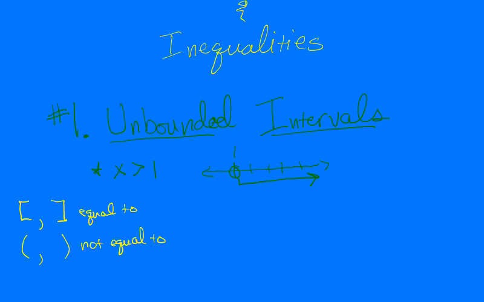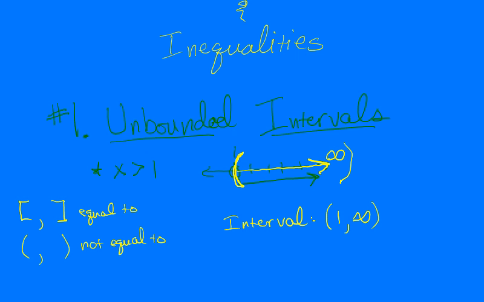So in our example, we said x is greater than 1, but it's not equal to 1, so I would use a parenthesis around 1, and since the graph goes on forever, it goes towards infinity, and you can't equal infinity either. So the interval representing this would be (1, infinity). We always go least to greatest, so you start with the lower number of the interval and go to the higher number, so 1 to infinity. That's an unbounded interval because it goes to infinity. It doesn't ever end.